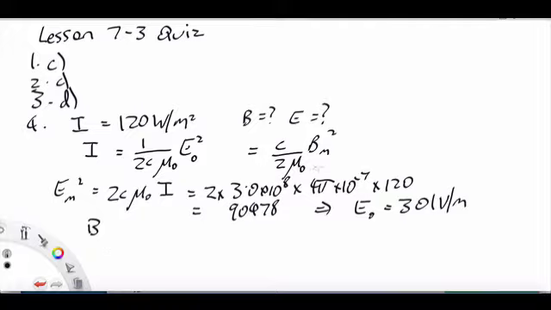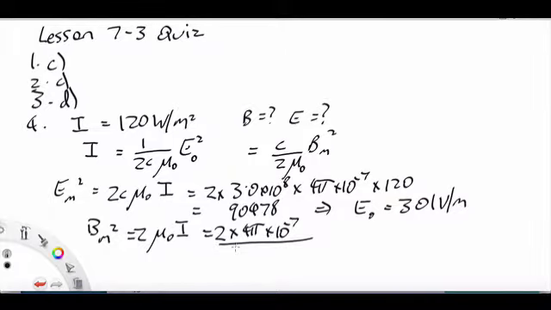Using the same equation, B naught squared is going to be 2 mu naught I over c, and that is going to be 2 by 4 pi by 10 to the minus 7, sorry, there's an over c there, over 3 by 10 to the 8, times 120.